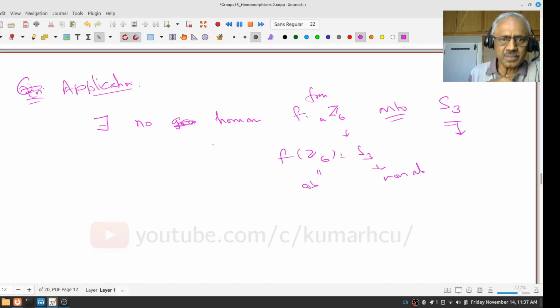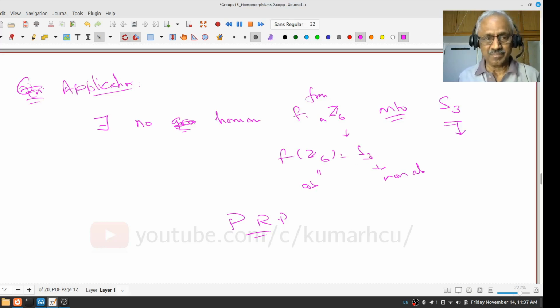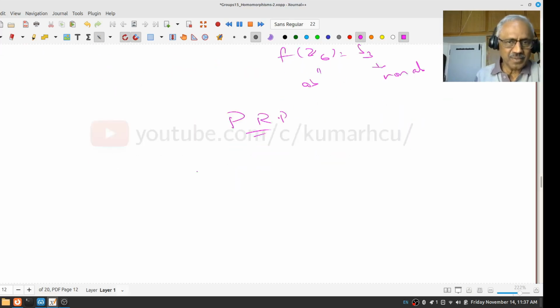So the answer is no. Let me review the procedure. Assume there exists one such f. If there exists such a group homomorphism, f of Z6 must be S3. Since Z6 is abelian, in fact even cyclic, S3 must be abelian. And in particular, it is not abelian, it is non-abelian. Is the result clear? Okay.